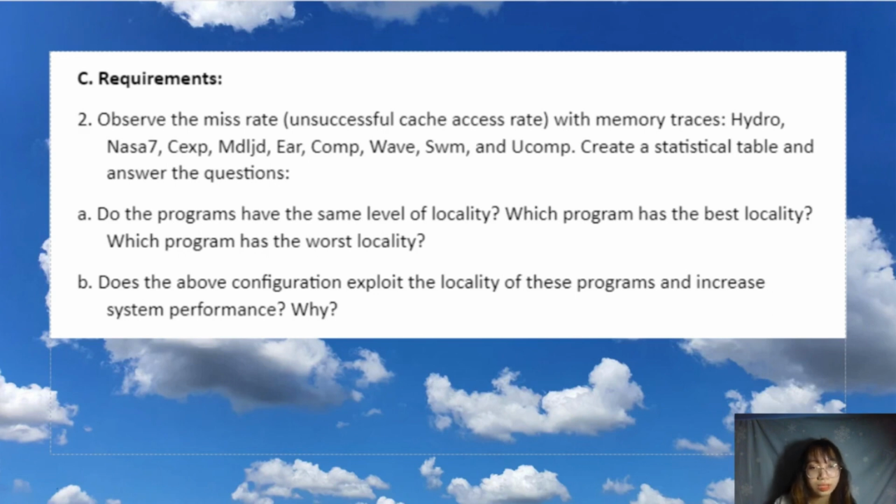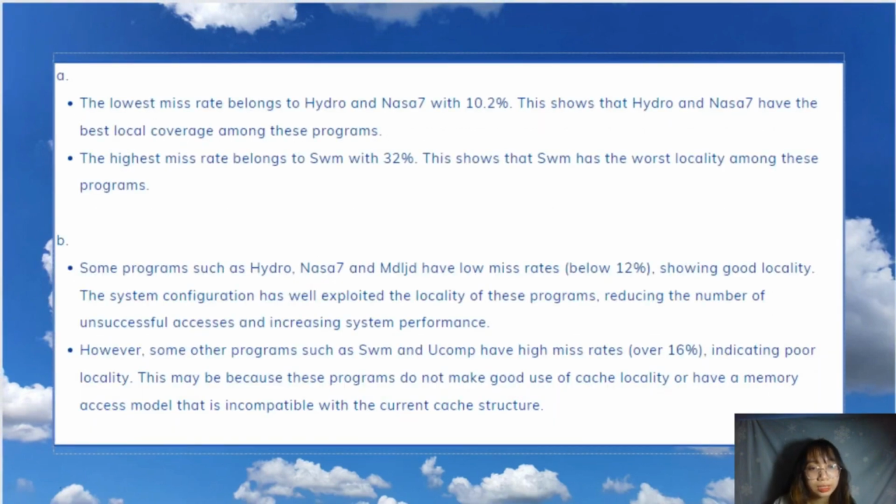The answer is the lowest miss rate belongs to Hydro and 97 with 10.2%. This shows that Hydro and 97 have the best locality among these programs, and the highest miss rate belongs to the SWM with 32%. This shows that the SWM has the worst locality among these programs.